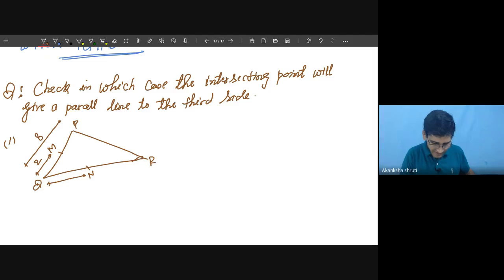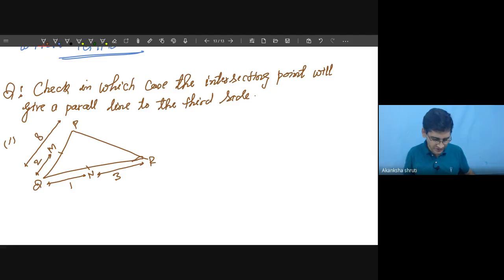Consider now this as the 1 and this much length as our 3.